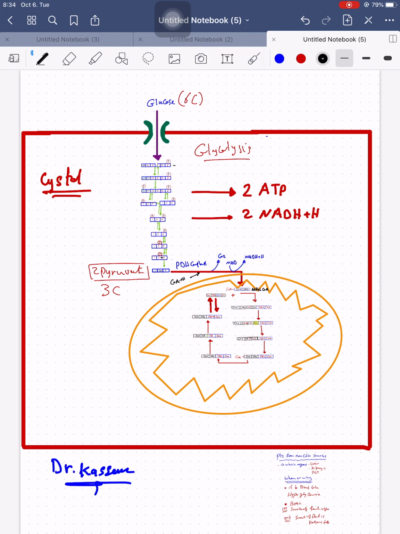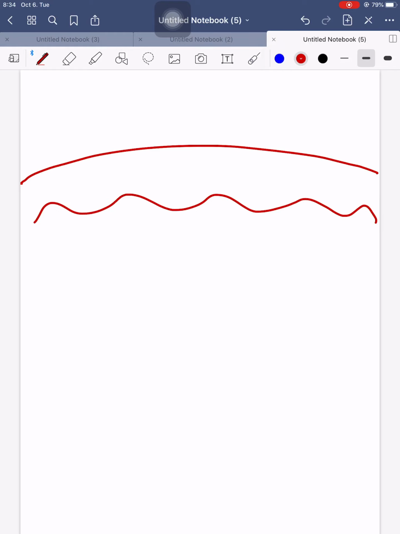So now we are inside the matrix of mitochondria. What are the steps behind this? Just to make it clear, mitochondria has an outer membrane and also an inner membrane, which is folded like this.